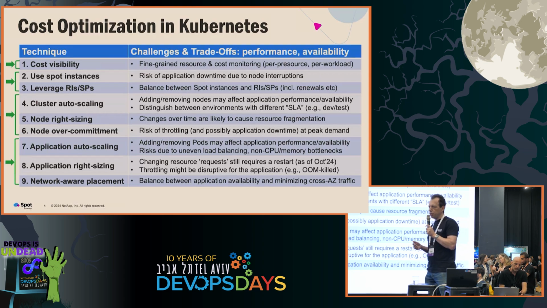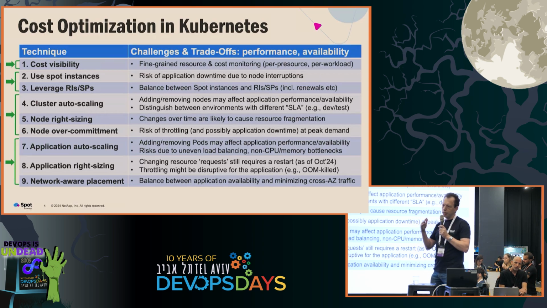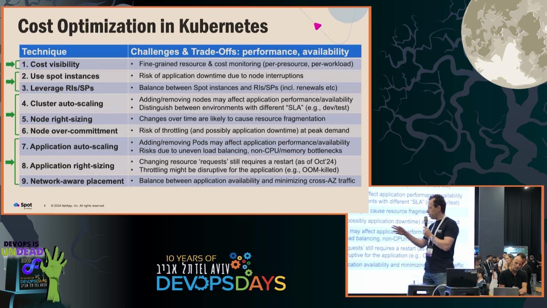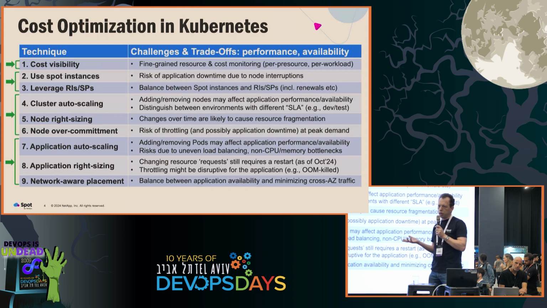In addition to that, you can also scale the individual pods vertically, depending on how they are actually using the CPU and memory and other resources. And the third example here is about looking at resources which are not CPU and memory. It is quite common, especially in large-scale environments, to have network as one of the major cost factors.